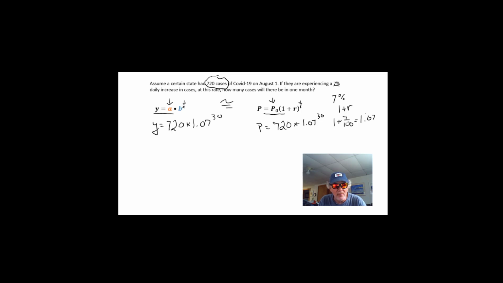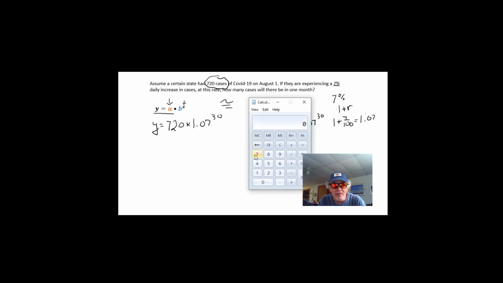So let's do this. 720 times 1.07, and where's my raised to key? I don't see it. It's got to be here. I could go 1.07, 720 times 1.07 times 1.07, 30 times, but I'm getting all confused because I don't want to do it 30 times.